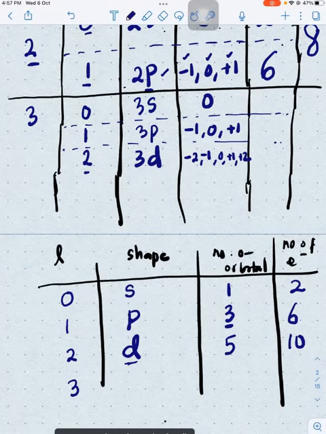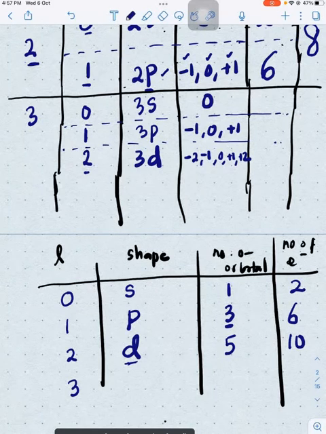Bila L kita equals to 2, then ML kita akan jadi negatif 2, negatif 1, 0, positif 1, positif 2. So ada berapa nilai dia? How many value of ML? 5. So that's why orbital D ada 5 kotak, ada 5 bilik.